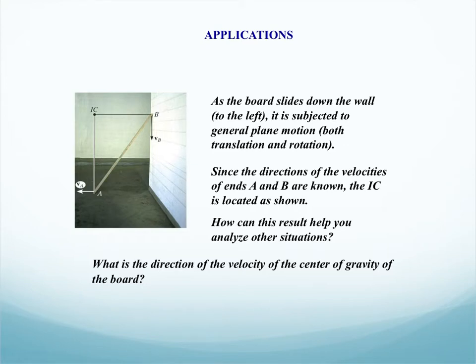So if we want to find a common center point, we draw lines that are perpendicular to those velocities, and we extend them until they intersect, and that becomes our instantaneous center. Then these become the radii that we use. So this would be the radius of B with respect to the instantaneous center, and this would be the radius of A with respect to the instantaneous center.